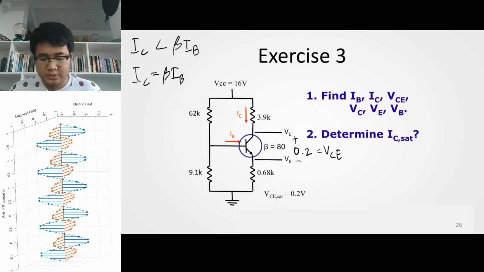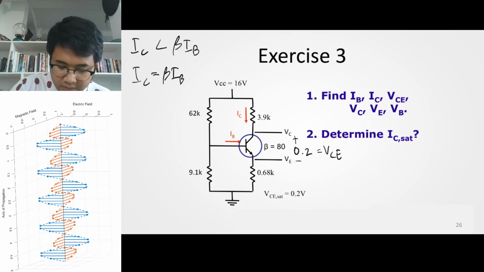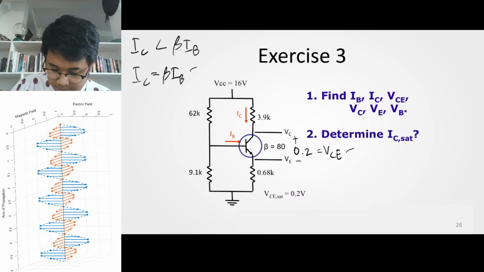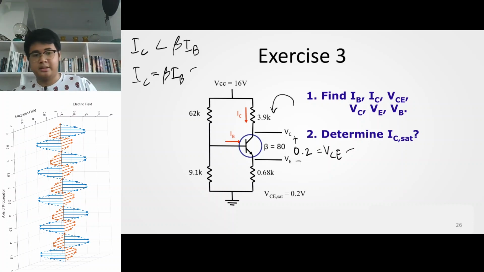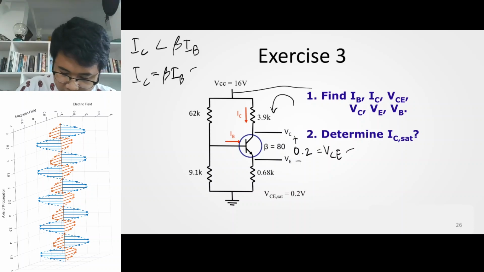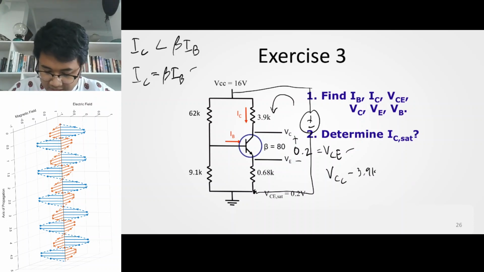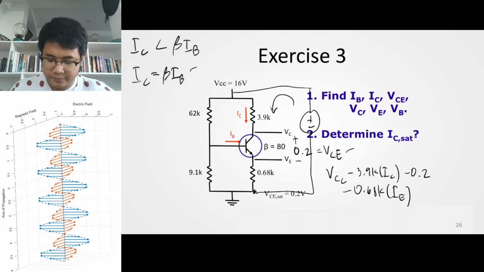So how do we solve for IC sat? In this case, where IC is equal to beta IB and VCE is equal to 0.2, if we perform KVL in the outer loop, right here, we have a voltage source here. KVL gives VCC minus 3.9K times IC, minus 0.2, minus 0.68K times IE, equal to 0, where IE is equal to IC plus IB.